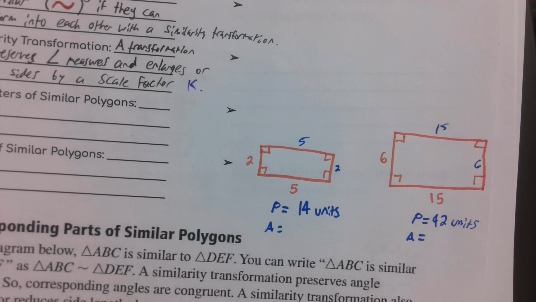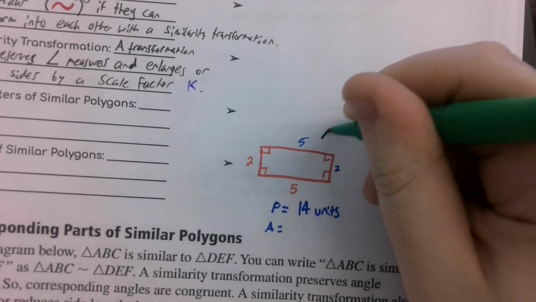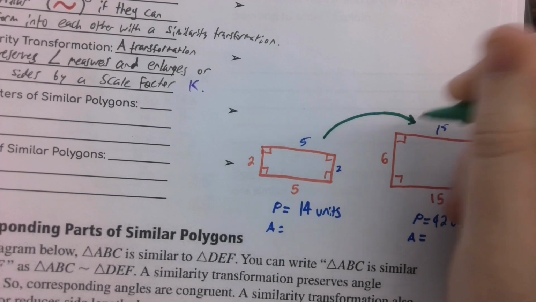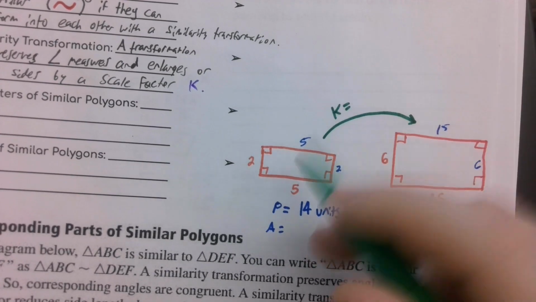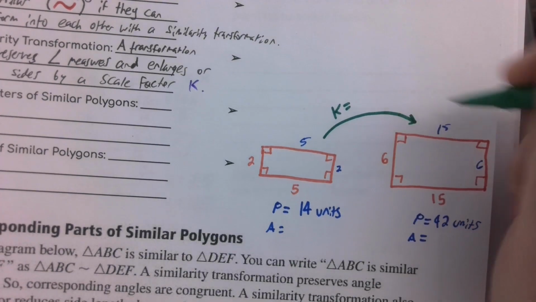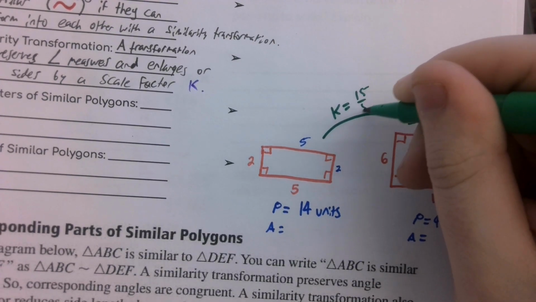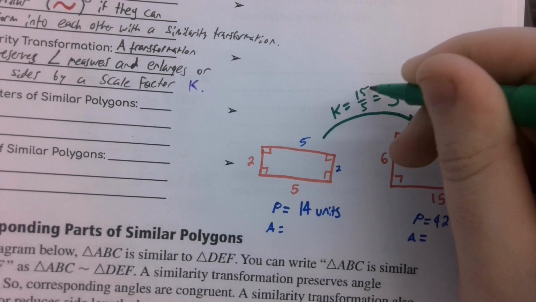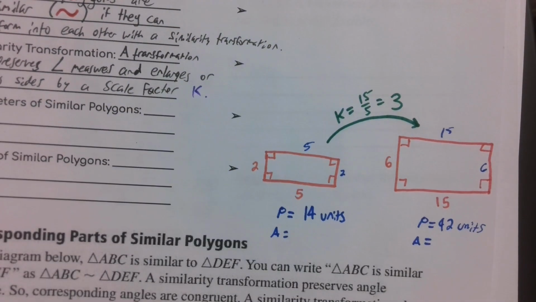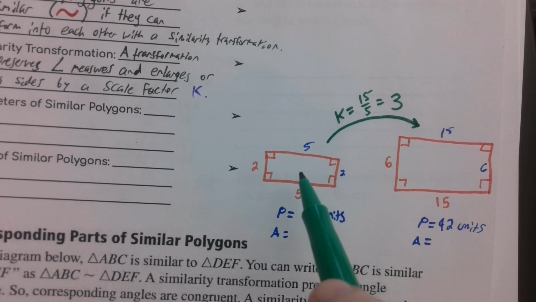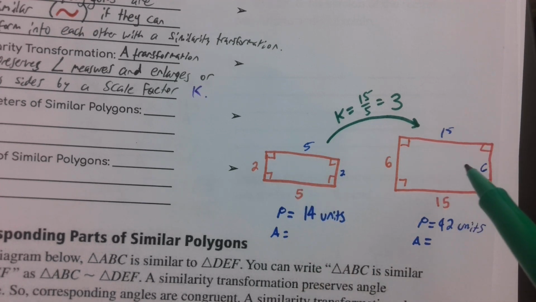Now let's stop there for a second. What is the scale factor between these two rectangles? If I wanted to figure out how to go from this left rectangle to this right rectangle, I could do, for instance, 15 divided by 5, which is 3. So this is saying that we can multiply all the sides by 3 to get all the sides of the new rectangle.